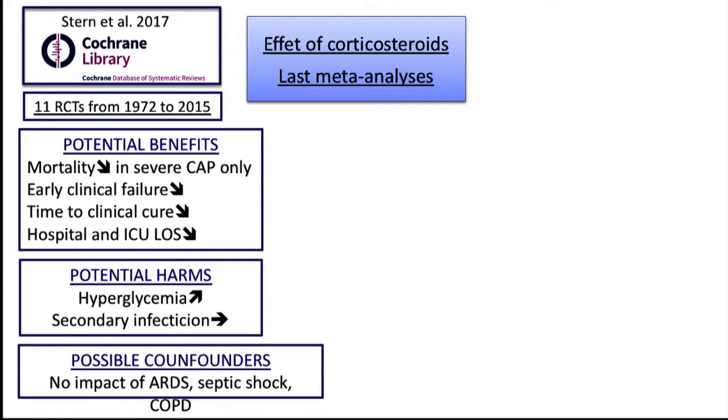A decrease in mortality, and this is important only in severe CAP, but also in the whole population, a decrease in early clinical failure, in the time to clinical cure, and a reduction also in hospital and ICU length of stay. They only show, in a few arms, an increased rate of hyperglycemia, but no effect on secondary infection. And also, it's important, they showed no impact of the onset of ARDS, septic shock, or COPD on their results.